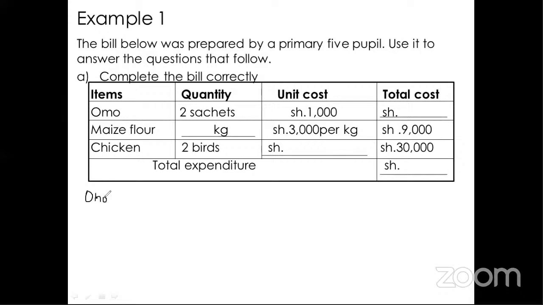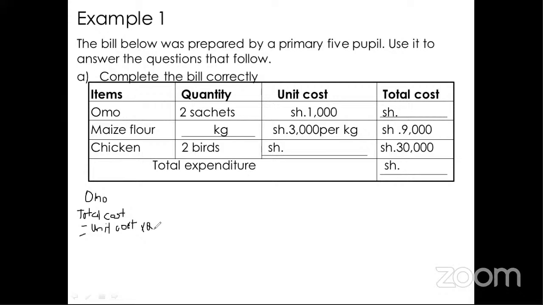Now, for the purpose of explaining, in Omo, what is missing is called total cost. So here you come and write total cost. In Omo, what is missing is the total cost. So total cost is equals to, we multiply unit cost times the quantity.